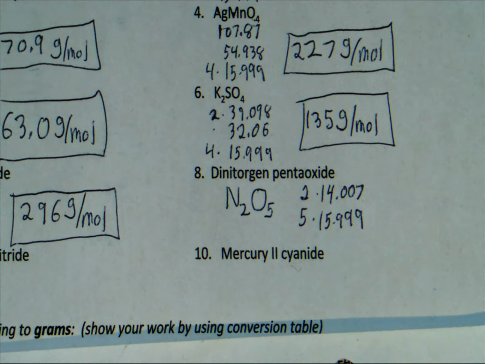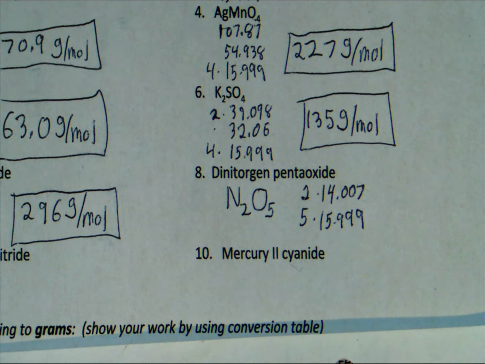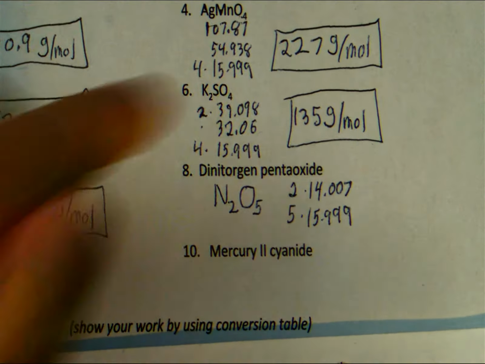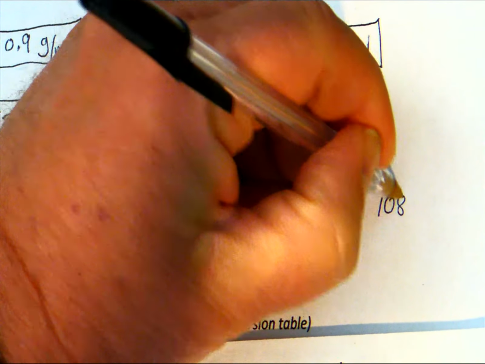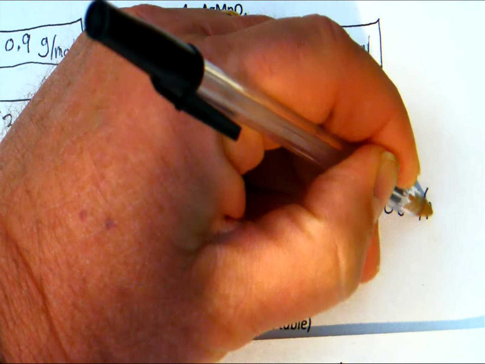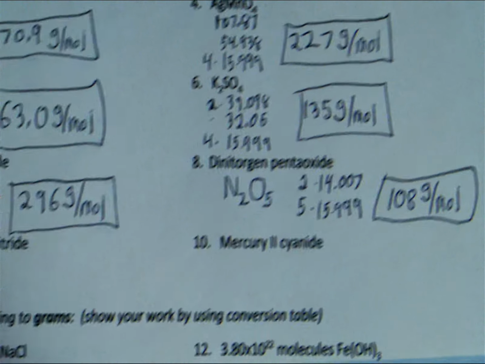So 2 times 14.007 plus 5 times 15.999, enter, and I get 108. 108, I suppose, grams per mole is the molar mass of dinitrogen pentoxide.